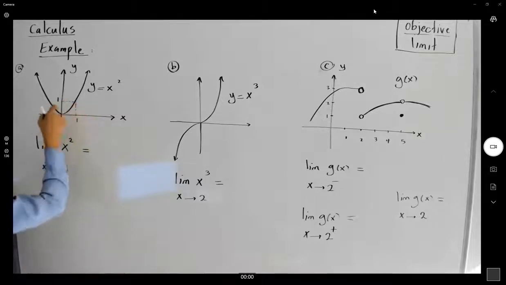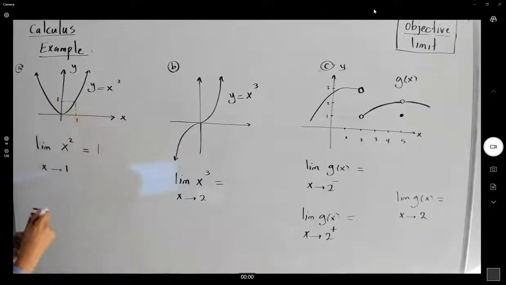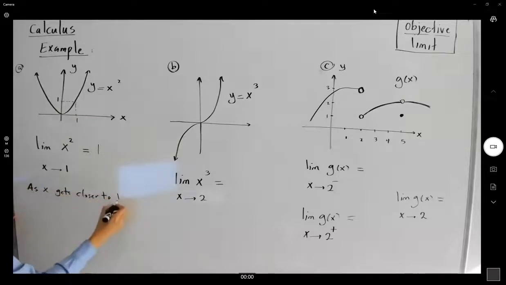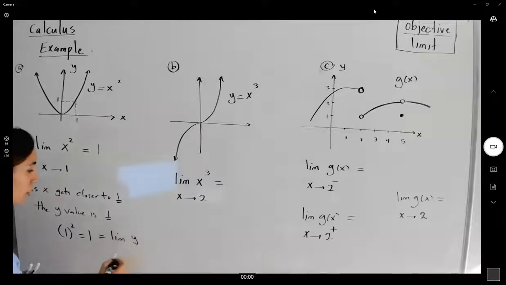So this is your limit. As x gets closer to 1, the y value is 1. 1 squared is equal to 1. This is our limit of y as x approaches 1.